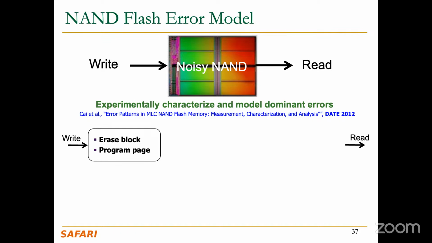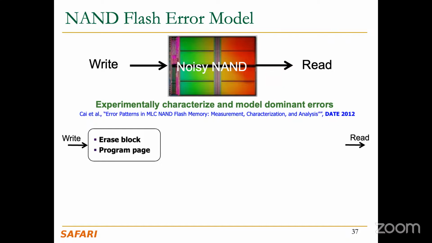When you want to erase your flash memory, you need to do it in block granularity, in order to reduce the overhead of erasing and increase the bandwidth of erasing, because erasing is quite time consuming. But programming and reading happen in page granularity. So first, in order to write, you need to erase your block, and then you can program your page.